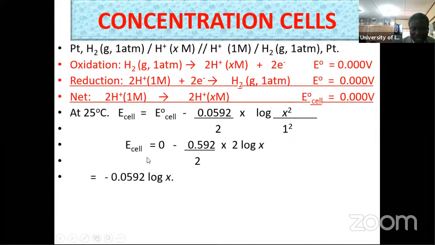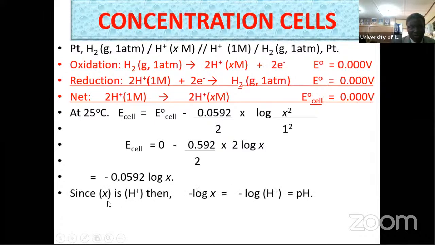And from there, your E cell will apparently now be equal to minus 0.0592 log X, because these two have cancelled. There's a 0 here that has been omitted. So your E cell is equal to this, and you know that X is the concentration of hydrogen.